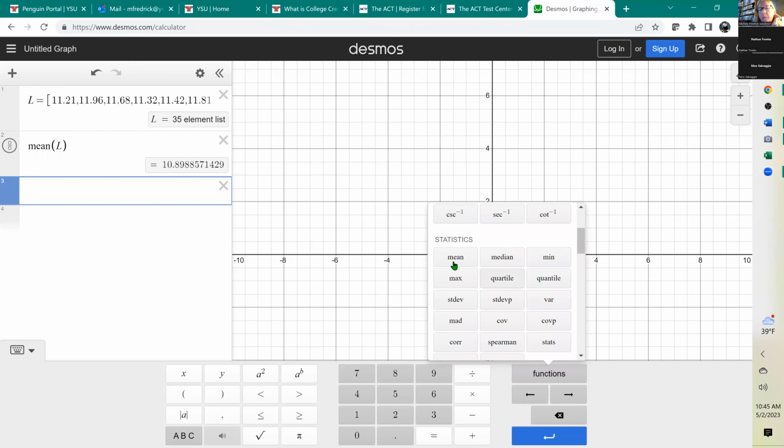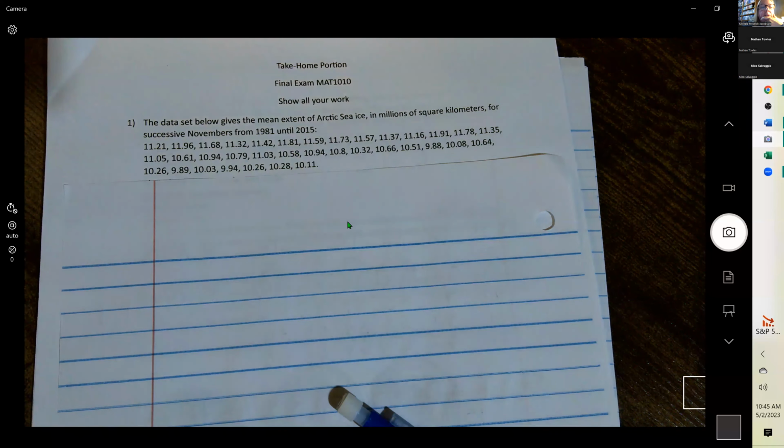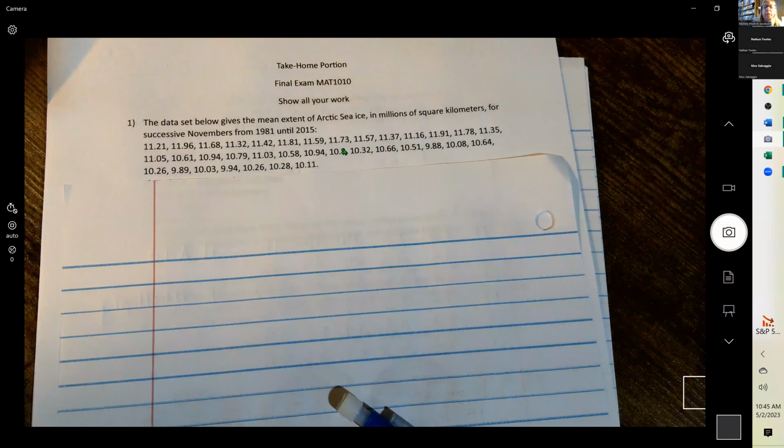Mode, you'll have to look through and see. So for mode, it's whichever one would repeat most often. So you would just look through and see, like there's a 10, 2, 6. But for mode, go through and see which one repeats the most. I think it might be that one.